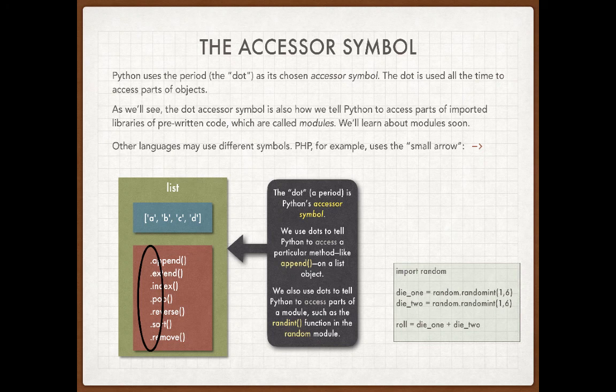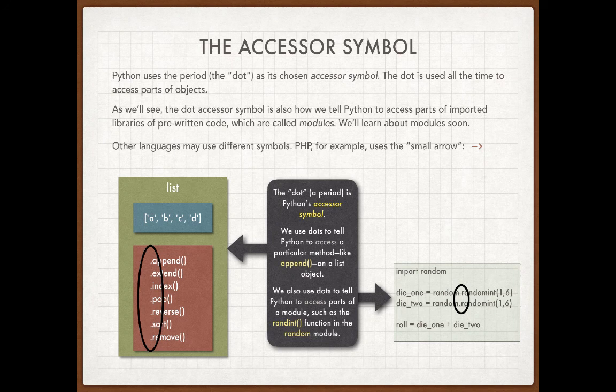We might use random numbers if we're doing a simulation, like some sort of baseball simulation. Who knows? But what's crucial here is that the dot is the important thing, right? The dot is not only the accessor symbol for objects, but it's also the accessor symbol for these external libraries, which we will call modules.